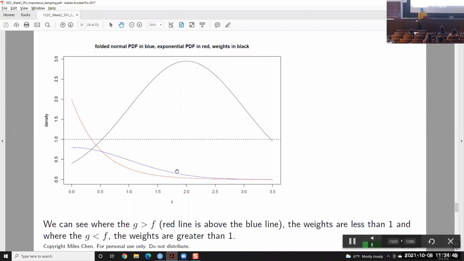It's hard to see, but they cross back. The difference between the blue and the red gets bigger and bigger, then shrinks until they actually cross back, and there's a point where the blue curve is underneath the red curve, and it goes down again. So this is how the weights change for different values, in order to accommodate that.